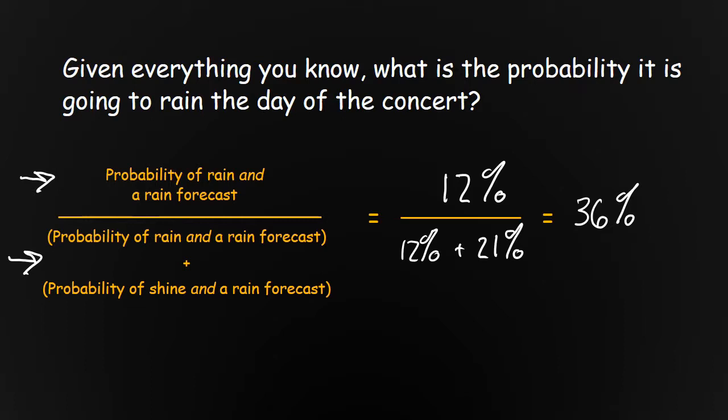As you would expect, you can see that this 36% is higher than the historical data, which says 16%, but it's lower than the 75% based only on the forecast. The implication of Bayes is even more apparent and interesting if I choose slightly different starting conditions.